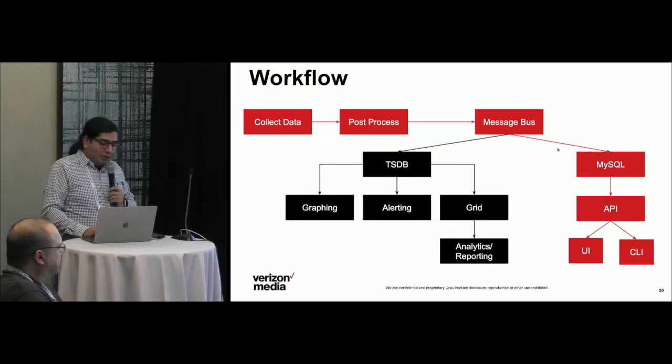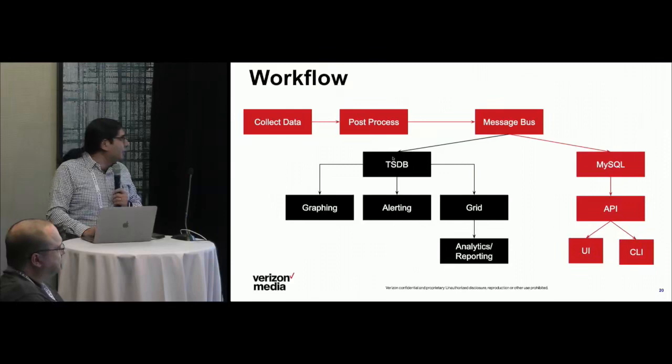We also have another flow, which we've not open sourced yet. We also send this data to a MySQL server to build purpose-specific APIs. I actually have a slide about that later. But basically, this is longer-term historical data. This is faster, instantaneous data.